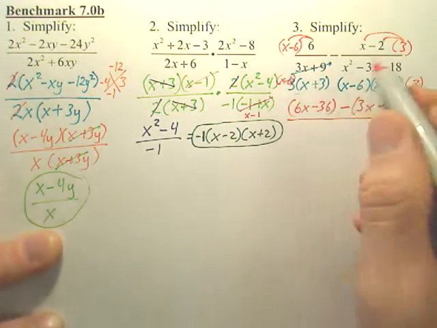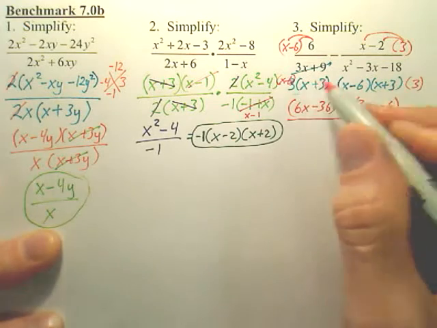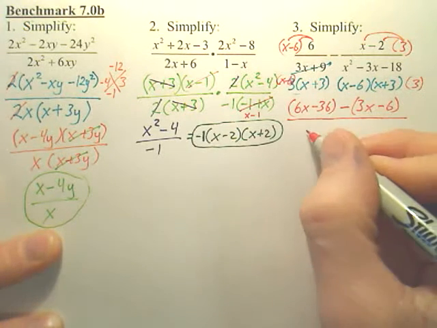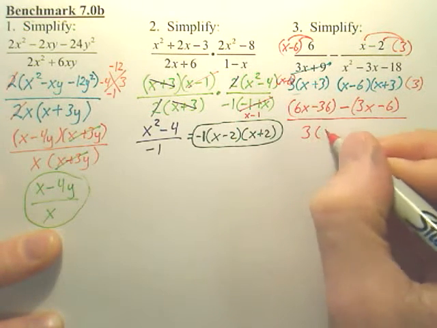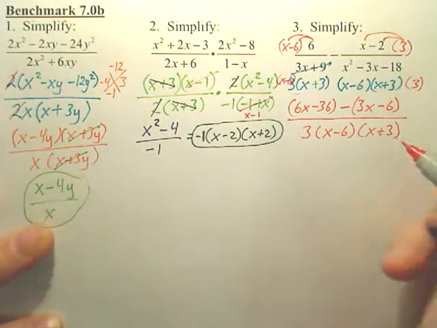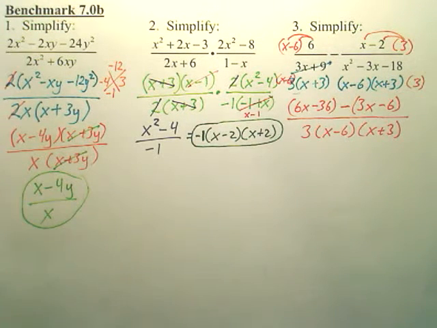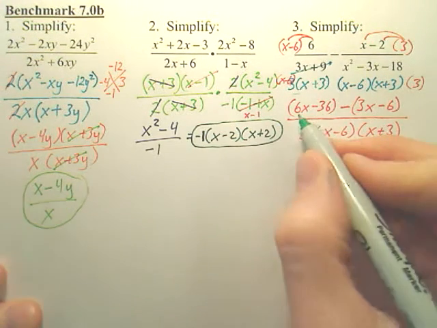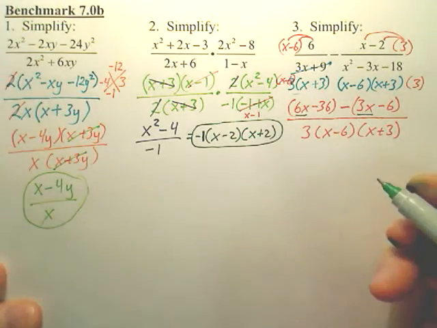Because I can combine the tops, aren't the bottoms the same? The two bottoms are the same. So on the bottom I now have 3, x minus 6, x plus 3. Are we done? Not quite yet, because we got to simplify the top. What's 6x and negative 3x?